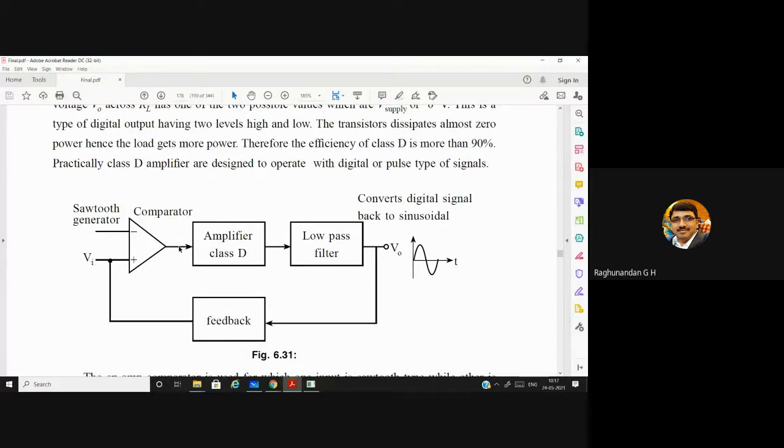At the output of the comparator, it will be produced. Now, in this comparator, we are using the amplifier class D, where we are having two transistors as I showed.